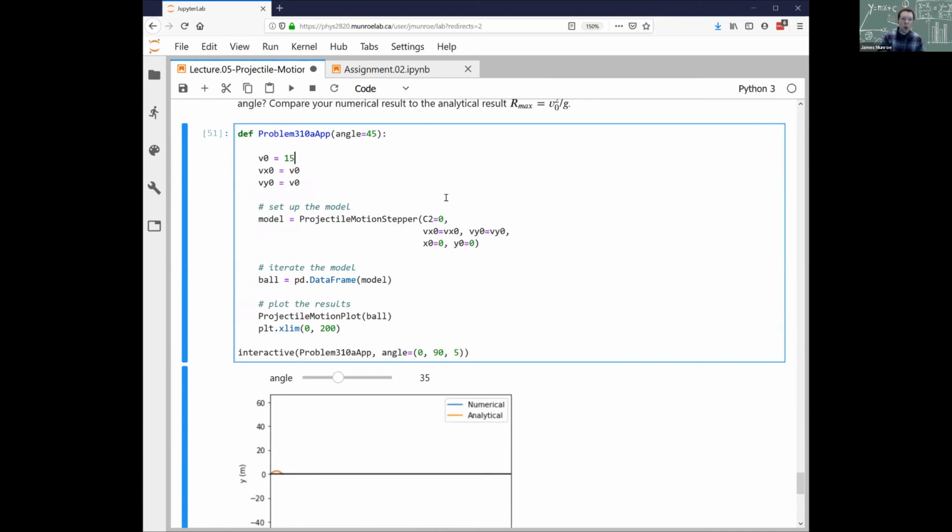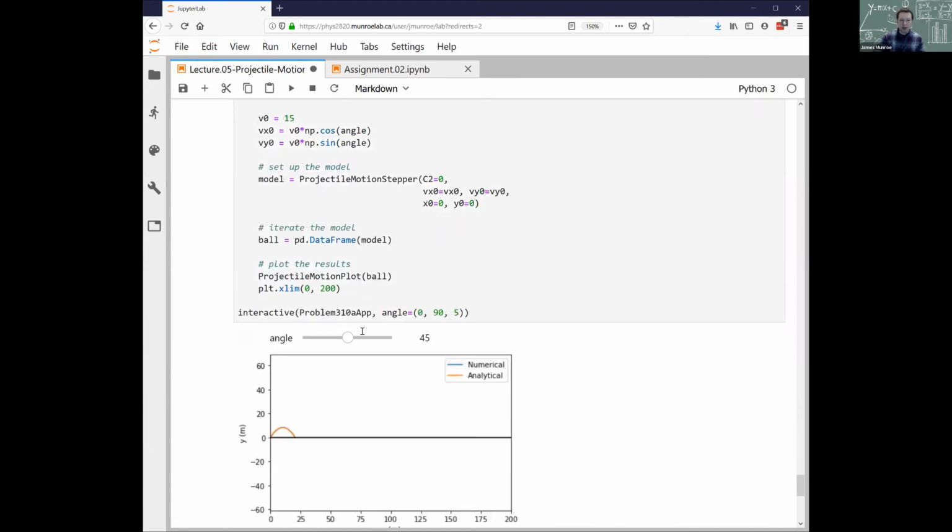I need to know what line of code would give me the components of something that had this angle all the way through. Well, if you remember, converting a magnitude and an angle into components, I've got to multiply by 15 times cosine of the angle and 15 times sine of the angle. Okay, so now I've written some logic that given an angle, I'm calculating the components of what's going on here.